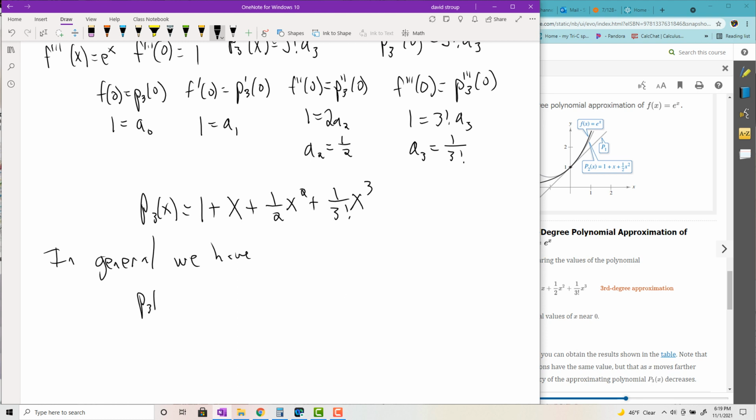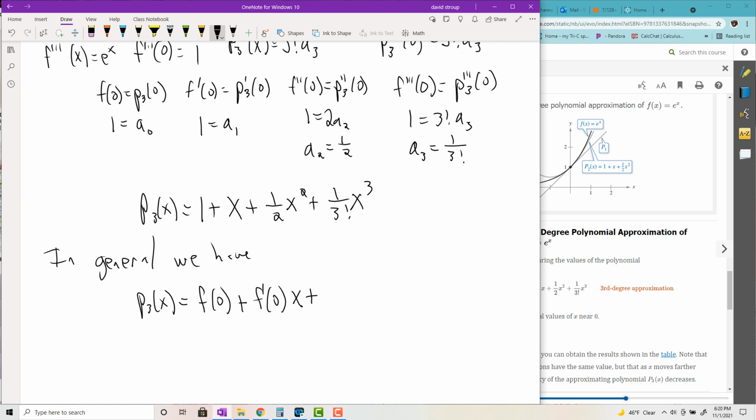P sub 3 of x is equal to f of 0, which gives you a sub 0, plus f prime of 0, which gives you a sub 1, times x, plus f double prime of 0, which gives you a sub 2.